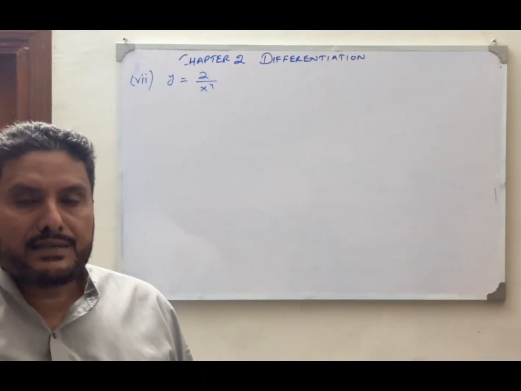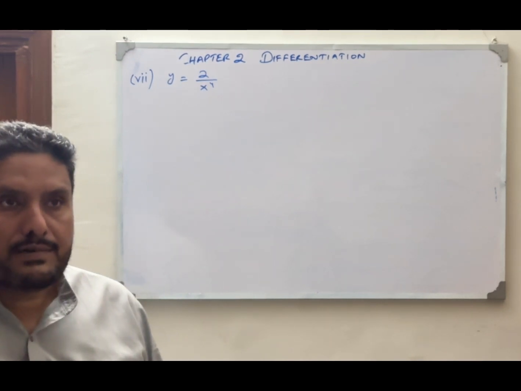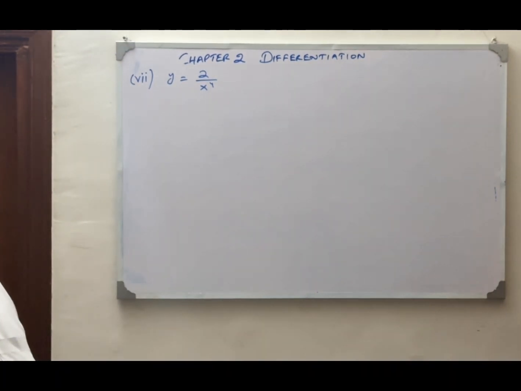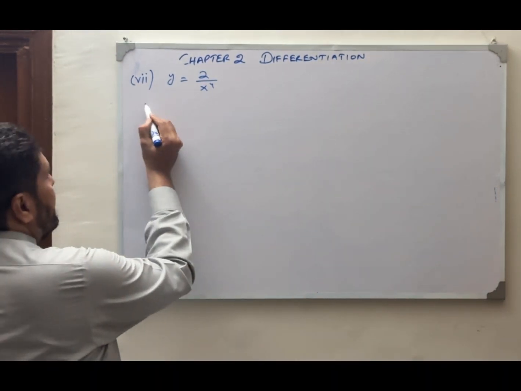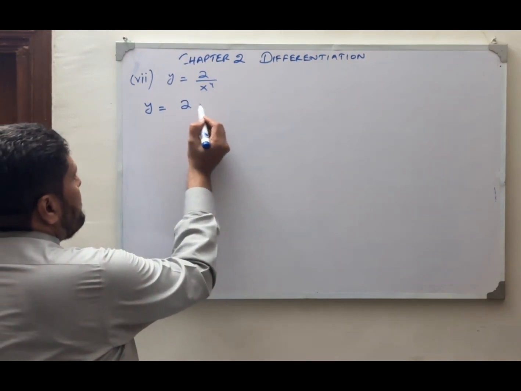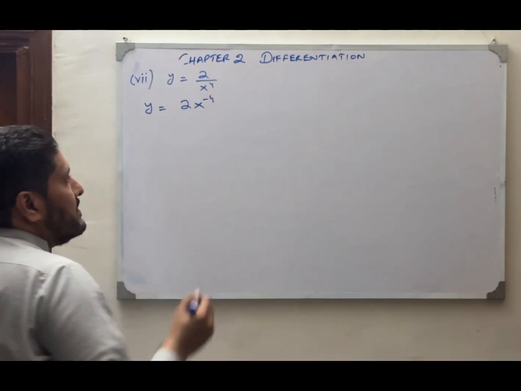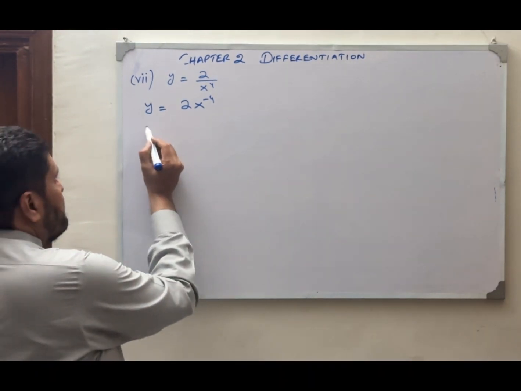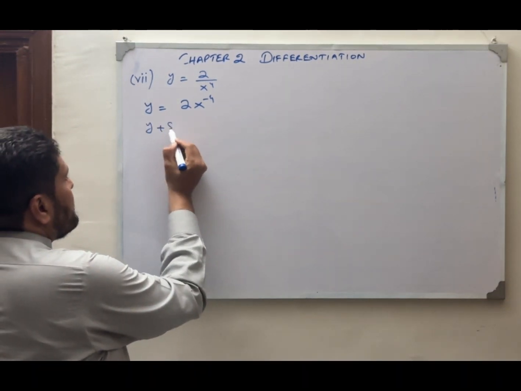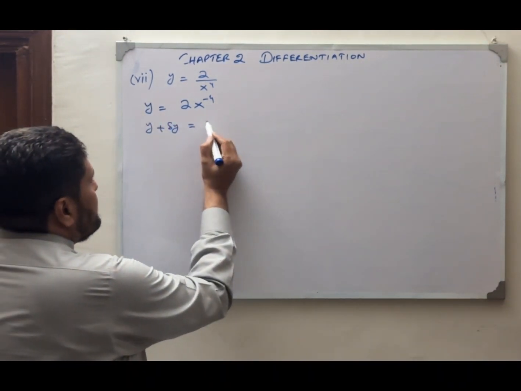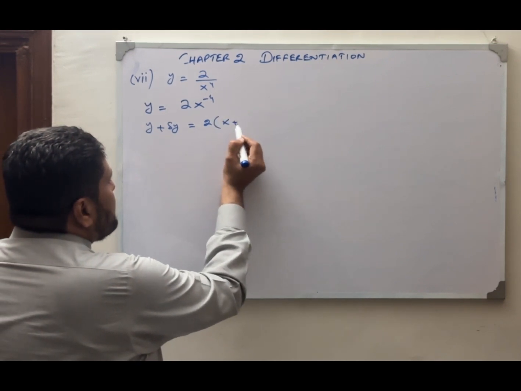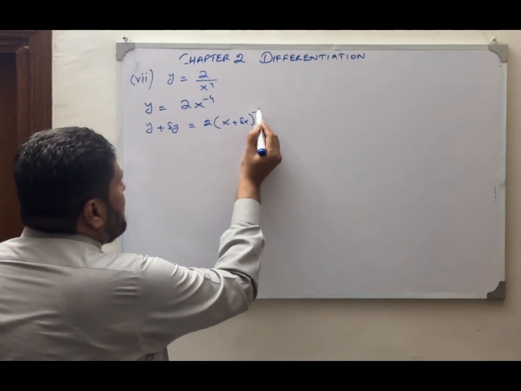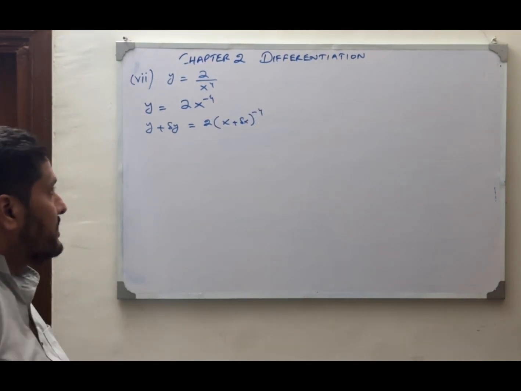Next, we have a function y is equal to 2 by x power 4, or we can write it as y is equal to 2x power minus 4. Applying step 1, y plus delta y is equal to 2 into (x plus delta x) power minus 4.